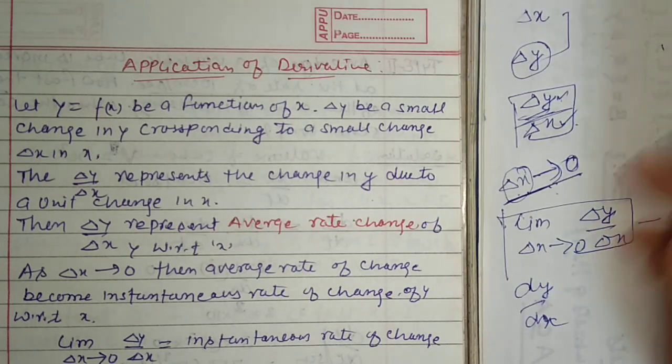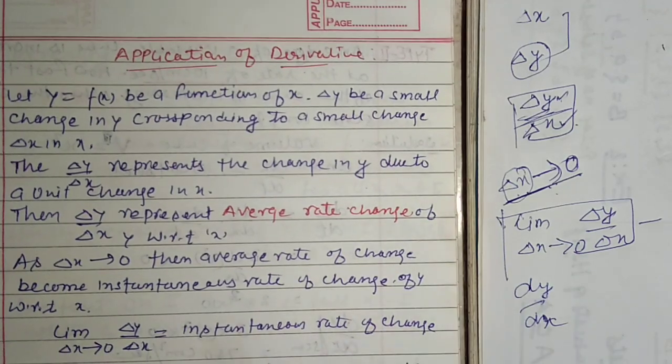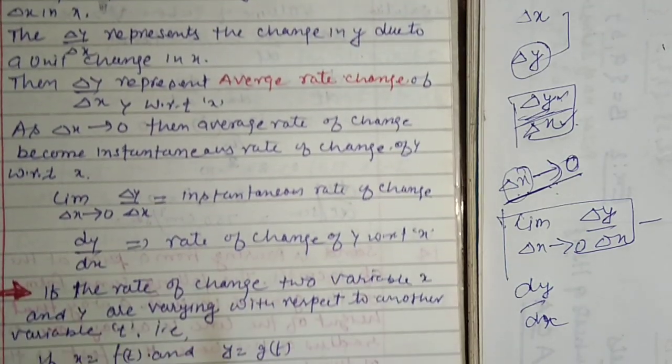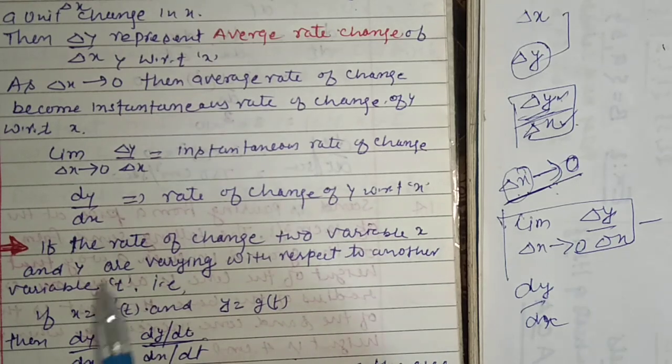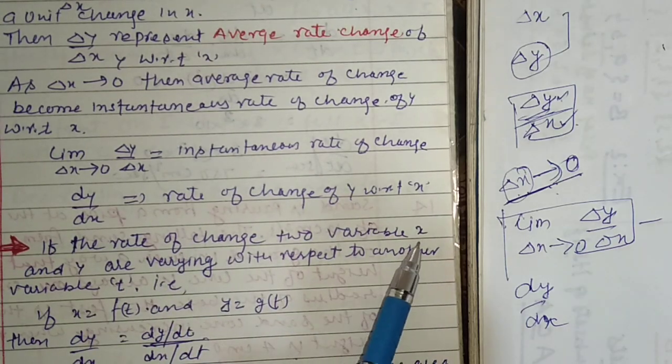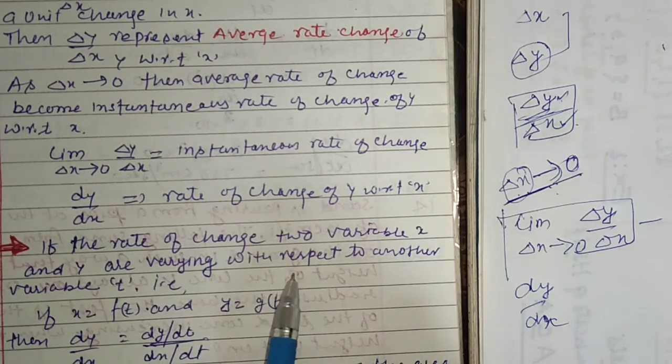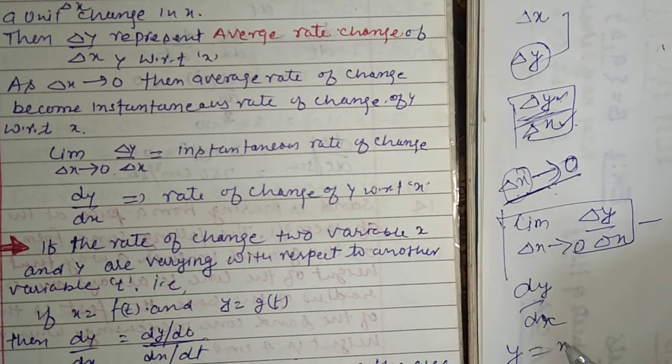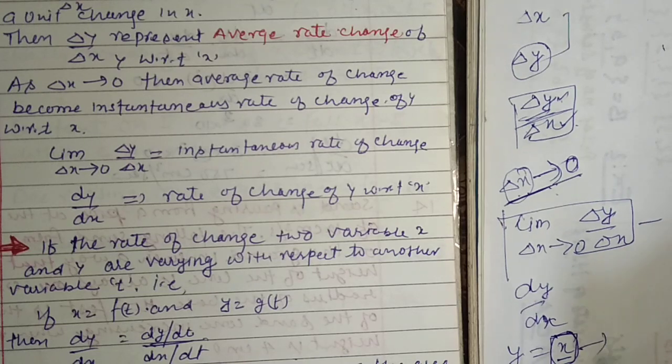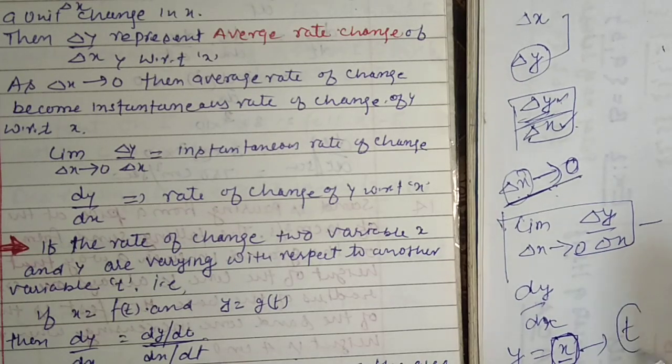Clear? Okay, now if the rate of change of two variables x and y is varying with respect to another variable t, means we have given a function y in terms of x, but x changes with respect to another variable t.